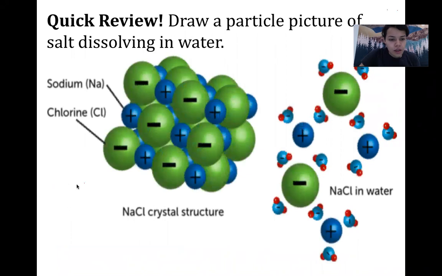Like this one is positive, this is negative. That's why they're pointing towards each other. Whereas over here, that positive is connected to this negative, which is oxygen in water, right?